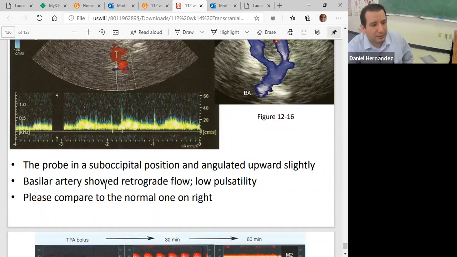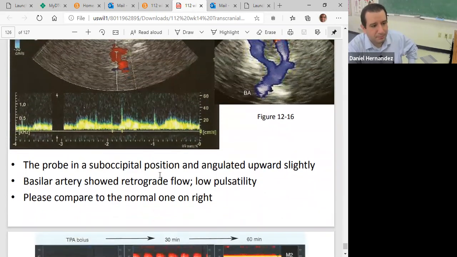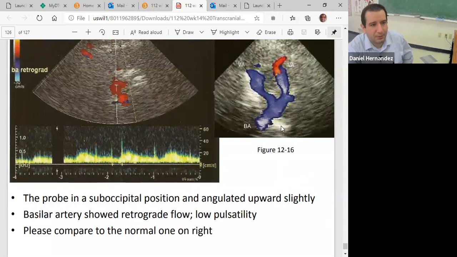Basilar artery flows retrograde with low pulsatility. This looks like a dampened tardus parvus waveform compared to the normal one on the right.